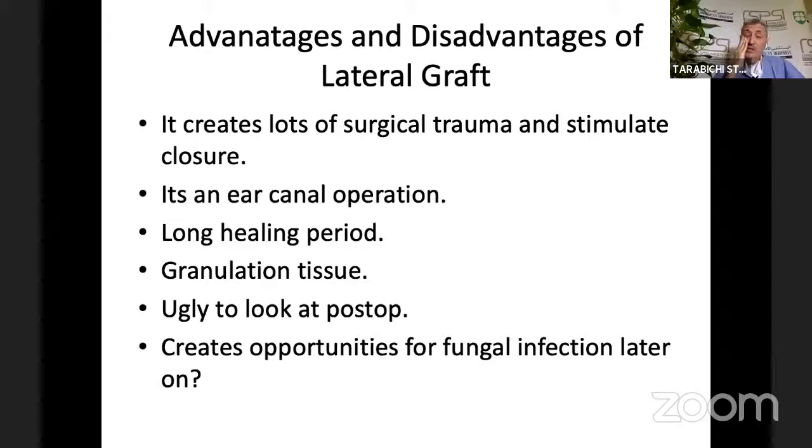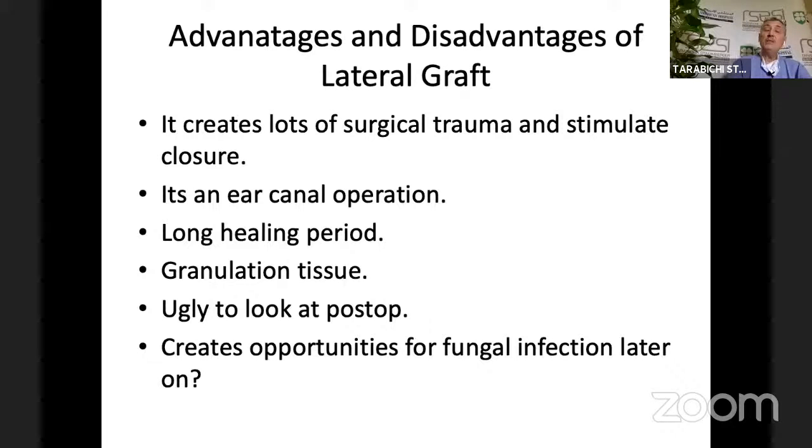I have noticed, and I'm interested in hearing from the audience, that in quite a few cases, it creates more opportunities for fungal infections in the ear canal later on. Somehow it takes away the natural immune system that prevents the fungus from going in the ear canal.